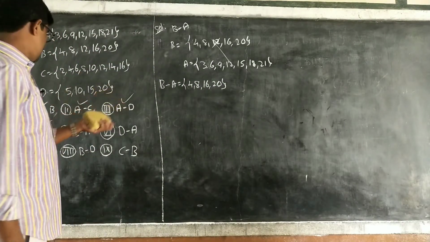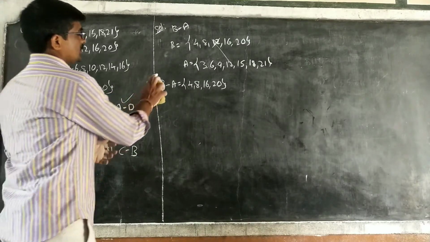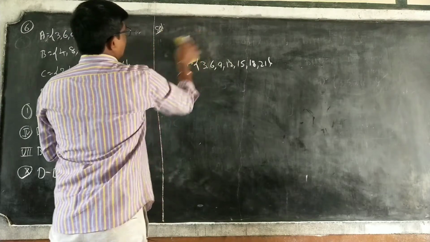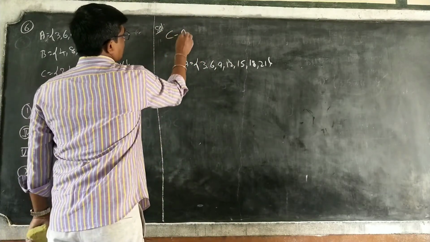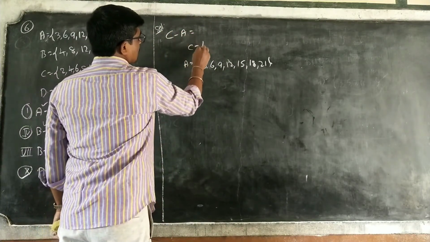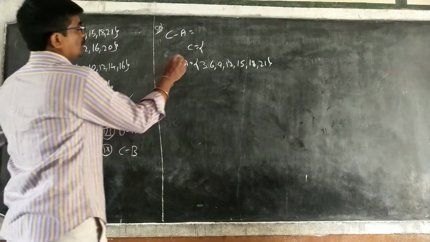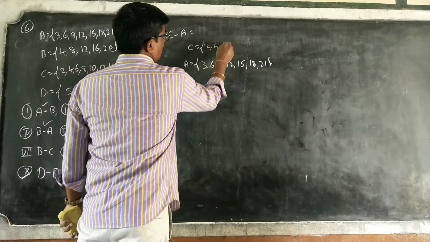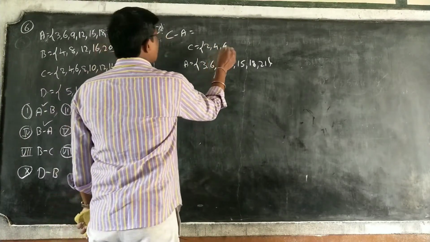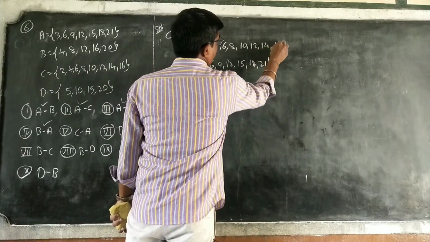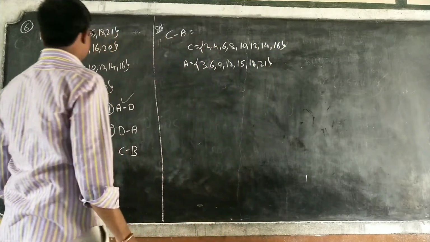Next what we have to find? C minus A. Simple thing. Instead of B, I am writing C. C minus A. What is C? C is equal to 2, 4, 6, 8, 10, 12, 14 and 16.